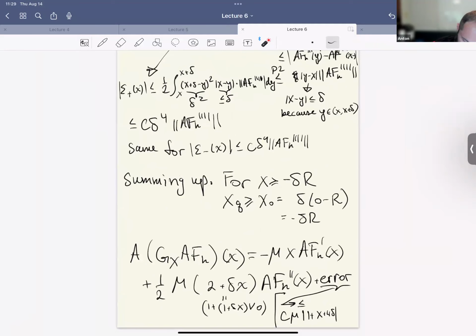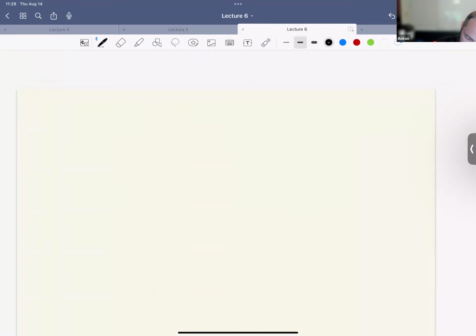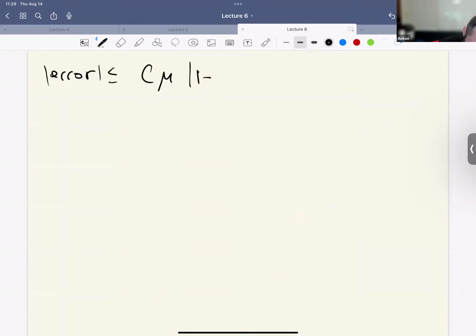And I've really not given myself enough space. Okay, maybe I'll write it here. The error term is less than or equal to c mu times 1 plus x plus 4 delta. If delta is less than 1, then the 4 delta can get absorbed into the constant.